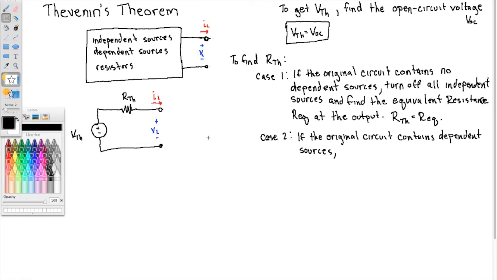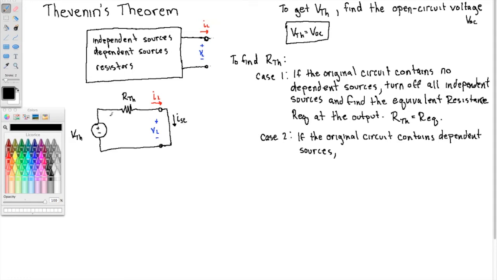If I connect a short circuit to this circuit here, and if I measure that current, call it ISC, or it's also IL in that case, but because I'm connecting a short circuit to the output, we're going to call that ISC for short.